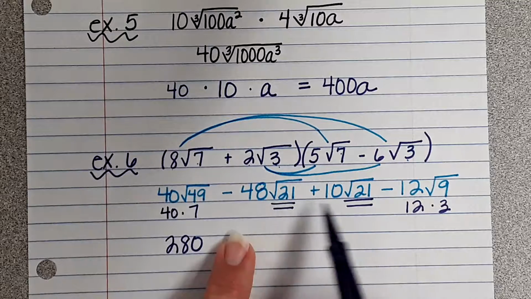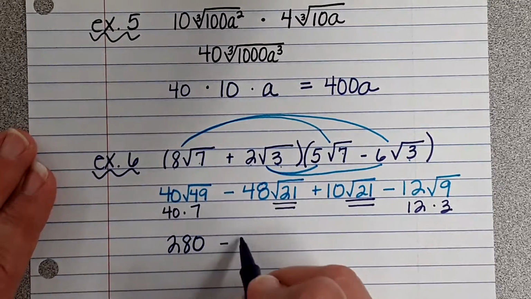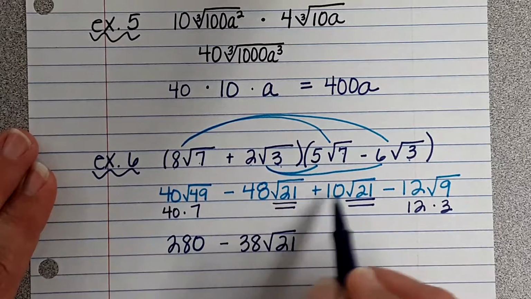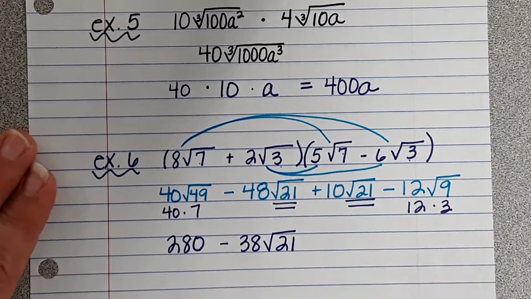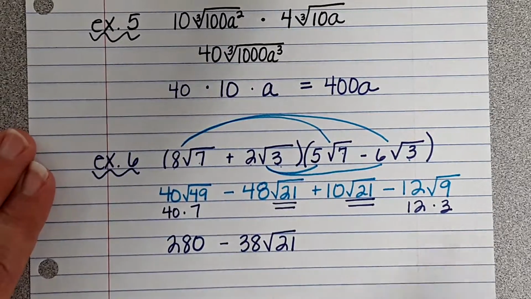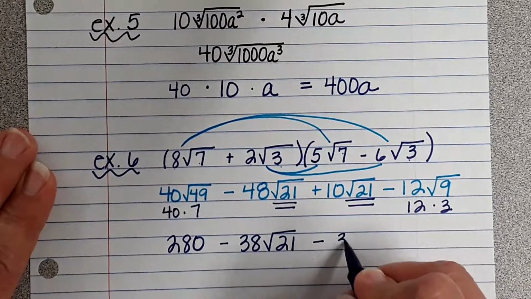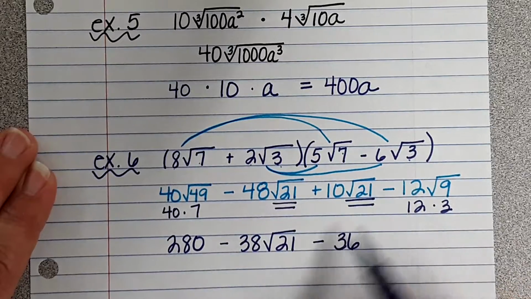Negative 48 plus 10 is negative 38 square roots of 21. Notice I just worried about the numbers in front. They're kind of like the coefficients of the radicals. And then 12 times 3 is 36. And I just brought down the operation.